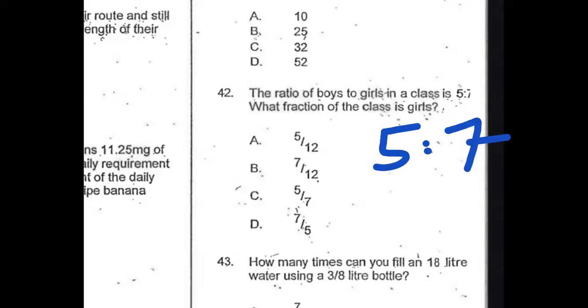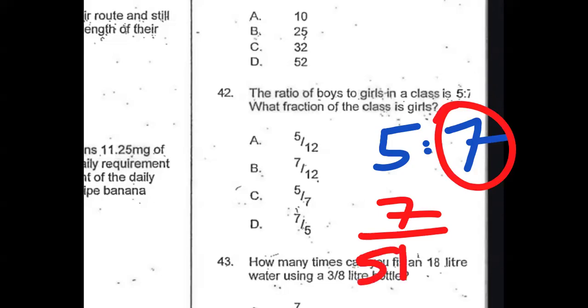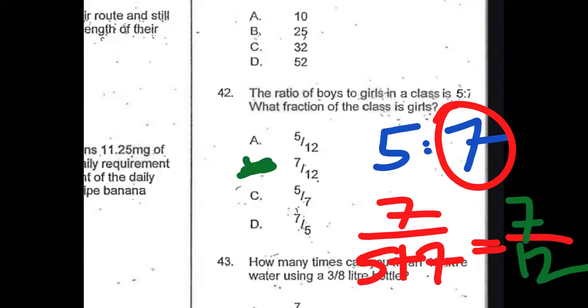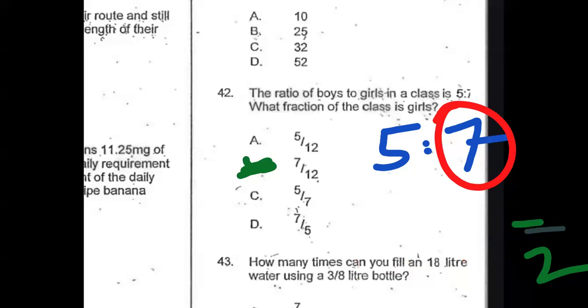Anyway, this is the 7 part. You put the 7 over 5 plus 7. Our answer will be 7 over 12. Good on that.